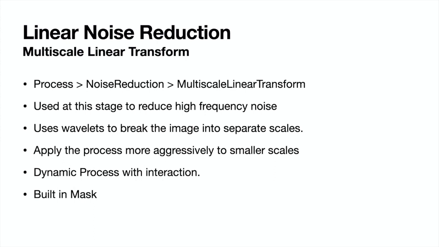The final section of this tutorial will look at linear noise reduction, and for this we're going to use multiscale linear transform. It's very important that you carry out some noise reduction at this stage, because what you want to get rid of is the high frequency noise which tends to sit in the background.